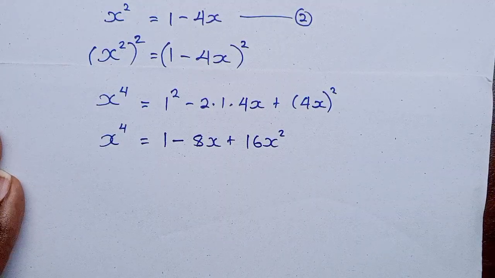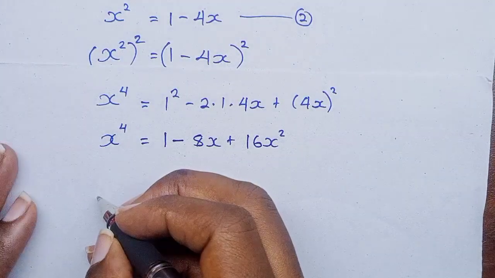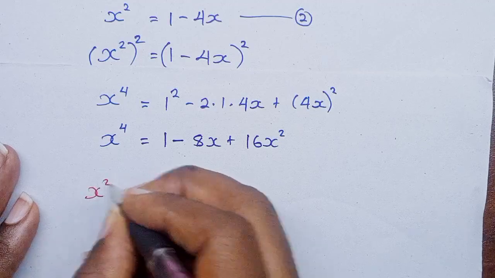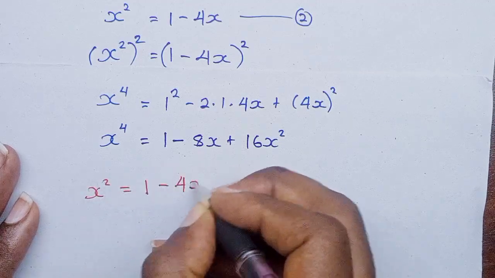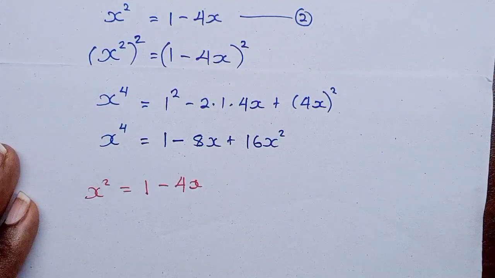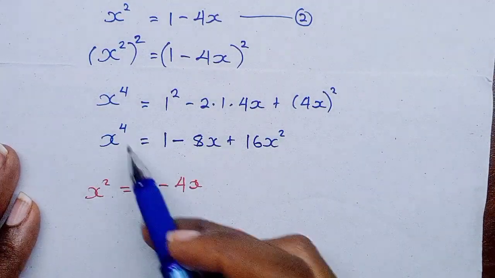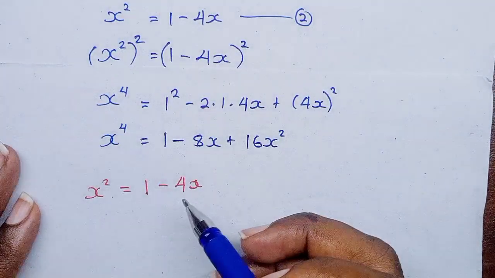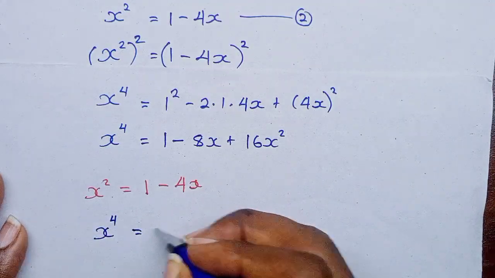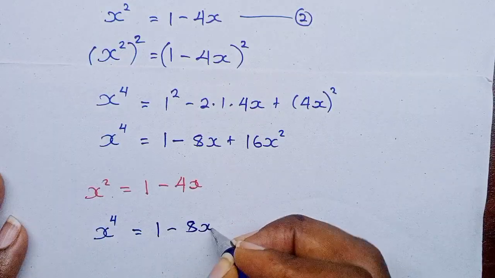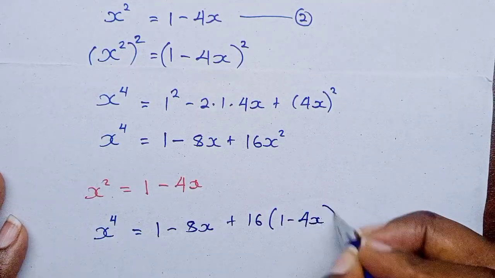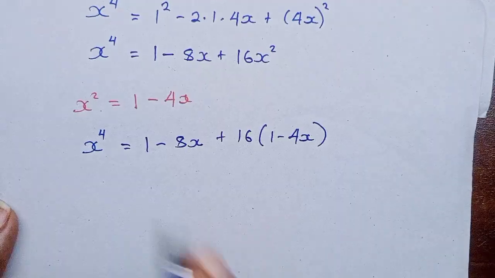But remember, from equation 2, x squared is equal to 1 minus 4x. So we're going to replace where x squared is with 1 minus 4x. So we shall have x to the power 4 being equal to 1 minus 8x plus 16 into 1 minus 4x.